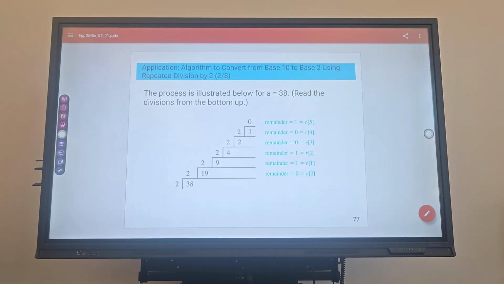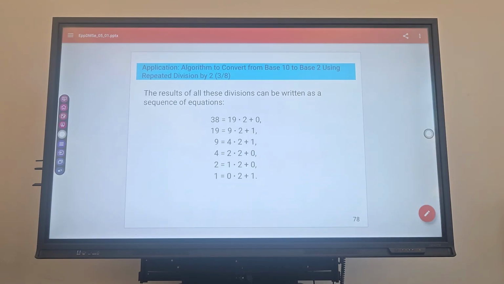The process here illustrates the process for a equals 38. And you read the divisions from bottom up. The results of the divisions can be written as a sequence of equations in the format of the quotient remainder theorem, a equals dq plus r.